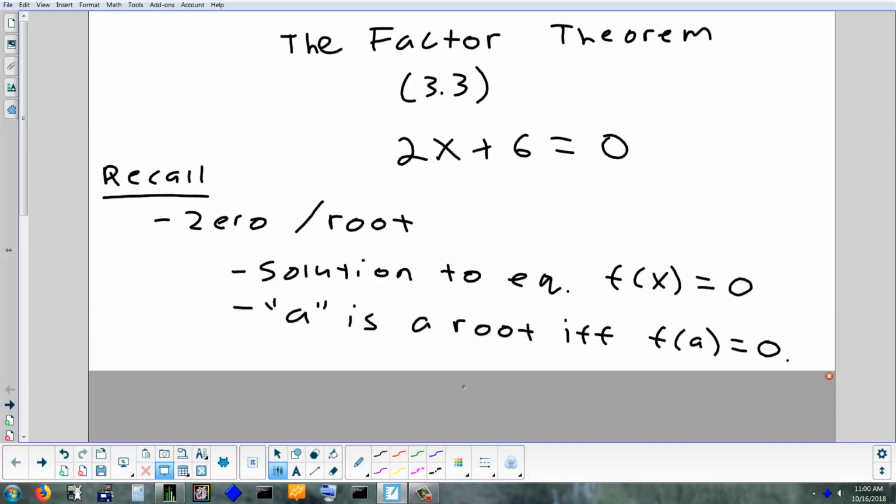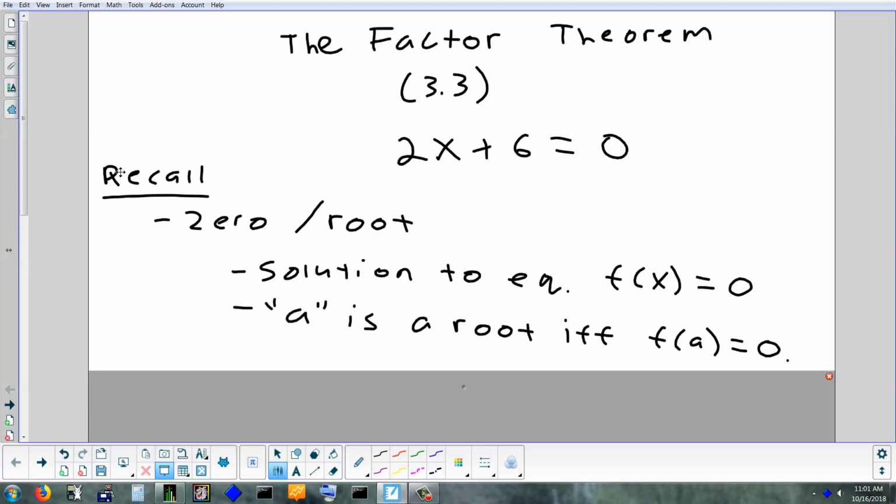Right, and this word IFF is an abbreviation for "if and only if." From geometry, remember, if and only if means you can read a statement forward and backwards, and it's true both ways.